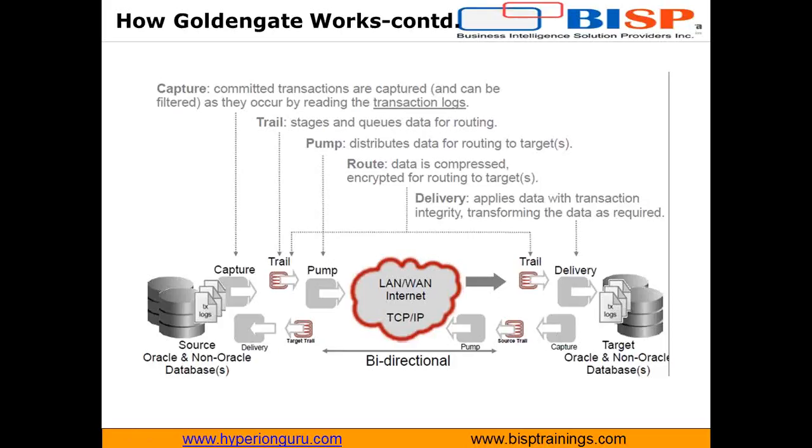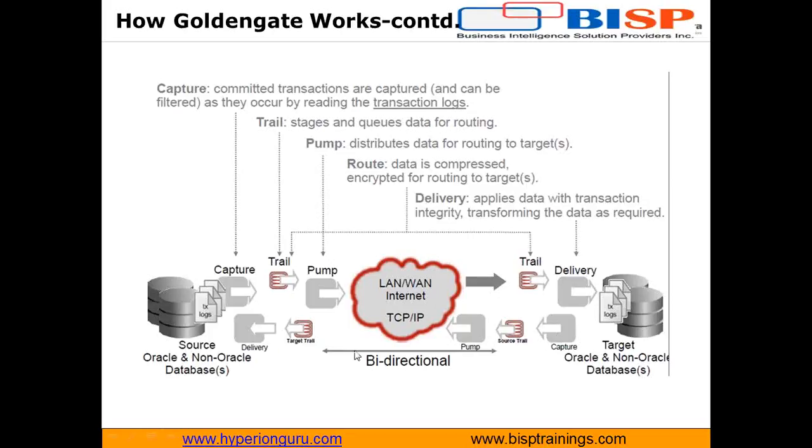It will read the data out of the transaction logs and write it to the source trail. The pump will read the data out of your source trail, send the data to the new target, and write it to the target trail. The replicate process will read the data from the remote trail and apply it to the target database. So bidirectional is two-way unidirectional.